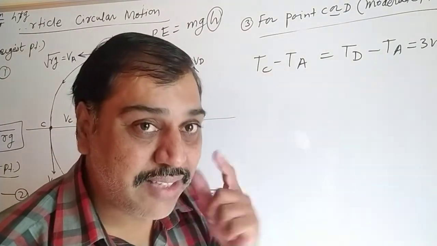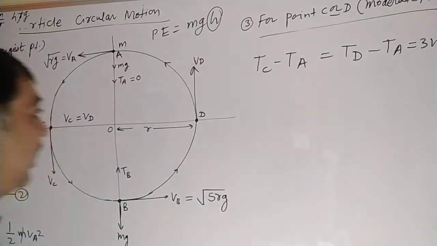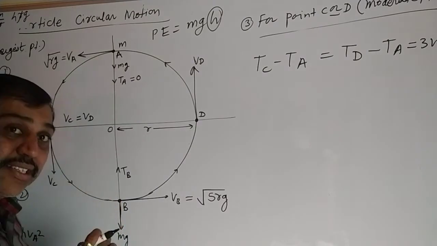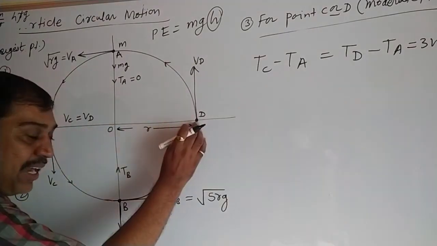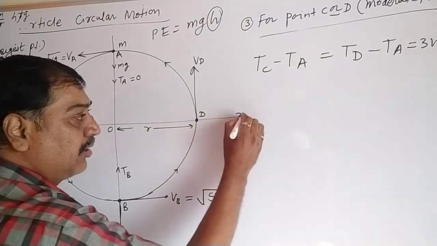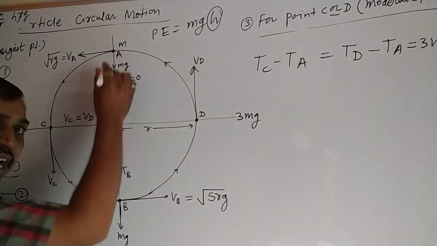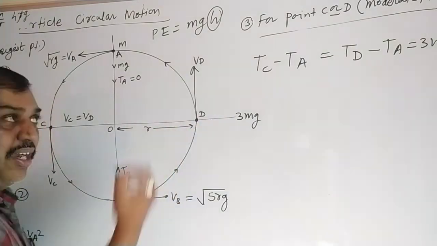Why does it come to be thrice mg? Because initially we found the difference in the tension at B and A is 6 mg. Exactly at the middle it would be thrice mg.